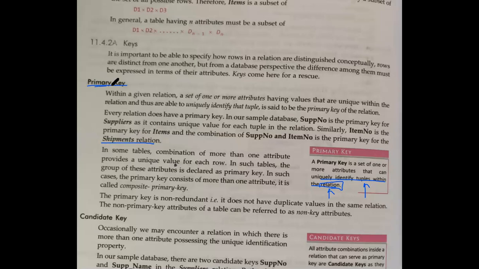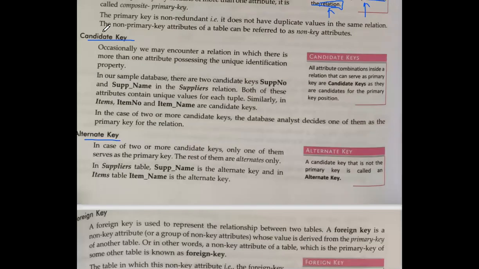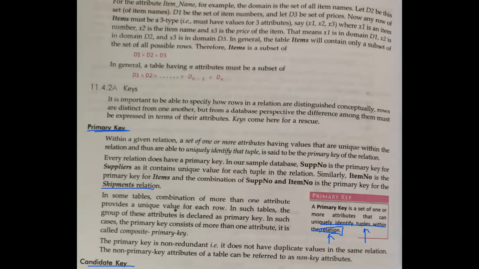Now see, you have primary key, then candidate key, then alternate key. These three we will discuss together. I'm giving you one example.